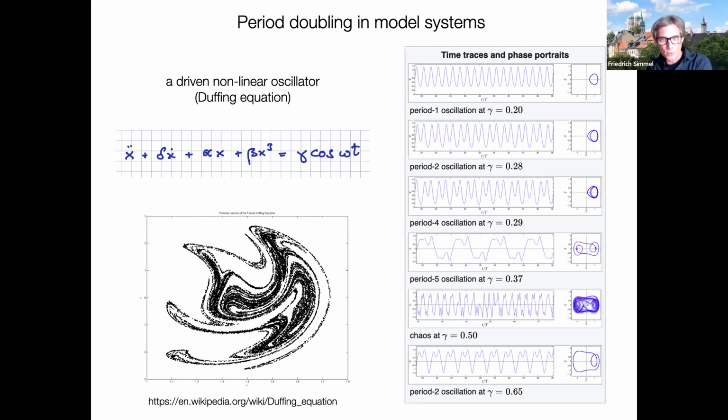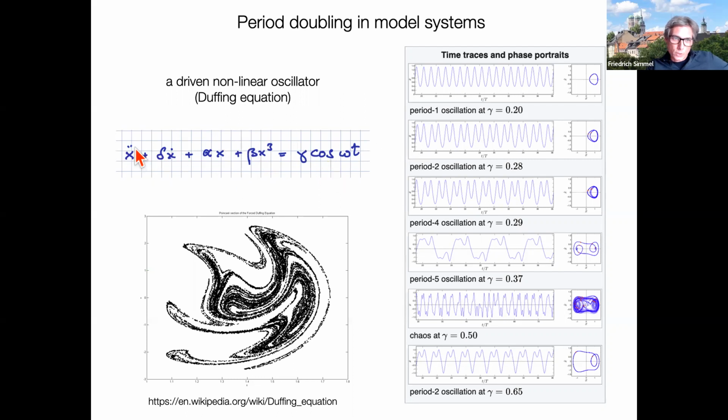And maybe you know from nonlinear dynamics that when you have a nonlinear oscillator, and this is one of the simplest ones, it's called the Duffing oscillator. When you look at this equation, that's essentially a damped harmonic oscillator plus a cubic term, the normal oscillator you know from mechanics, plus a driving term. And gamma is in a sense the strength of the driving.